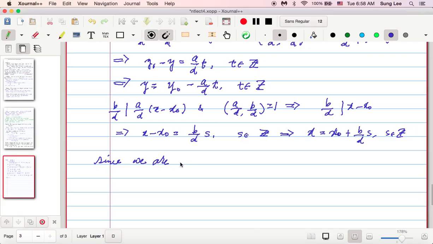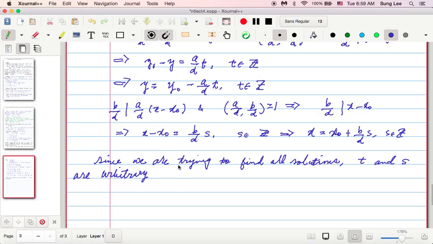Since we are trying to find all solutions, t and s are arbitrary.